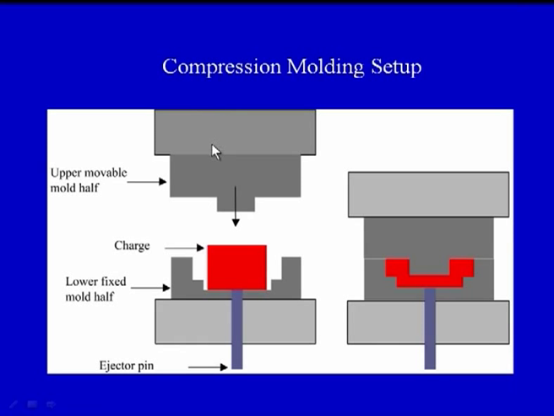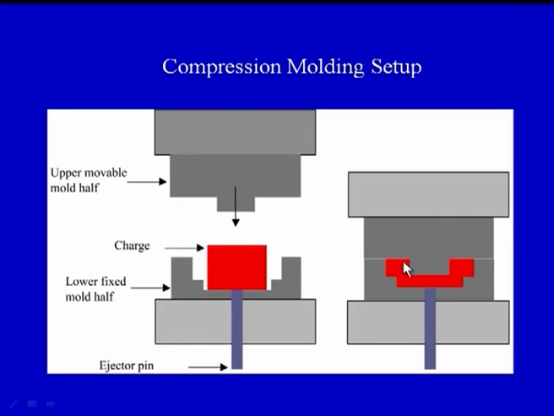Once the cycle has been completed, and it has applied the requisite pressure on this polymer charge, it would retract back after the cooling period. For a specific period of time, the upper movable mold half and the lower fixed mold half would remain closed, and once the curing process or the polymerization is complete and the product is ready, the upper movable mold half would retract its previous path.